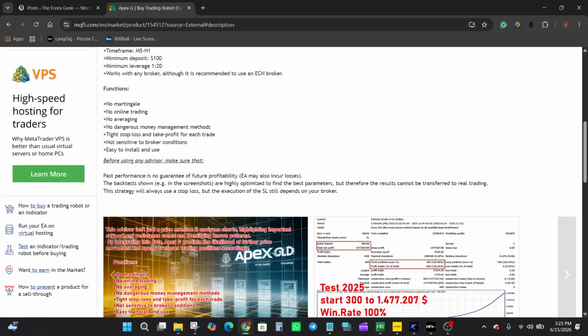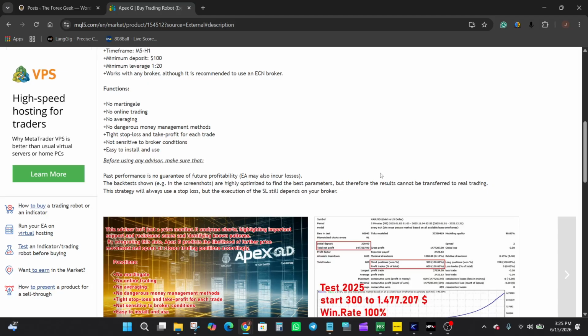Now, moving into the backtesting section, the historical testing can be a valuable way to evaluate how an EA behaved during previous market conditions. However, it is important to remember that historical analysis is not a guarantee of future performance.